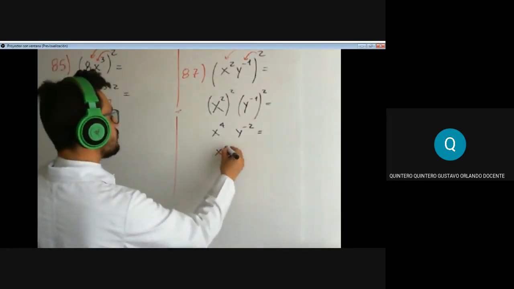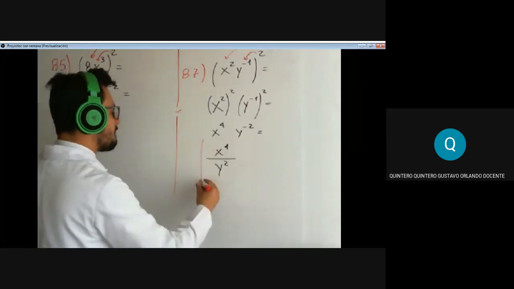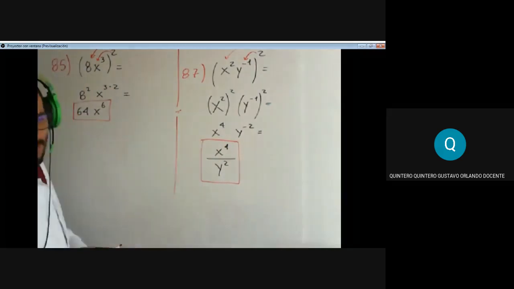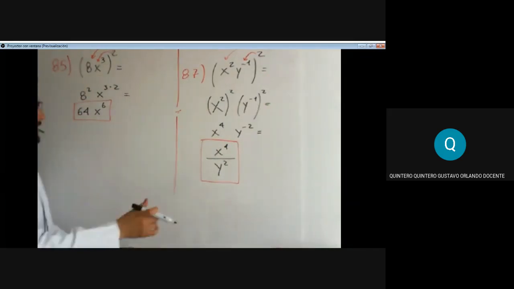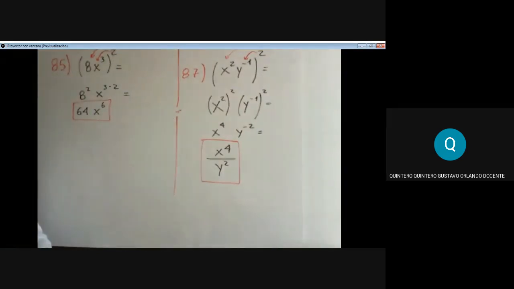It'll be x to the 4th over y to the second. And now we don't have negative exponents. Now that will be the answer. Sorry, my 4s look like 1s. There we go. X to the 4.